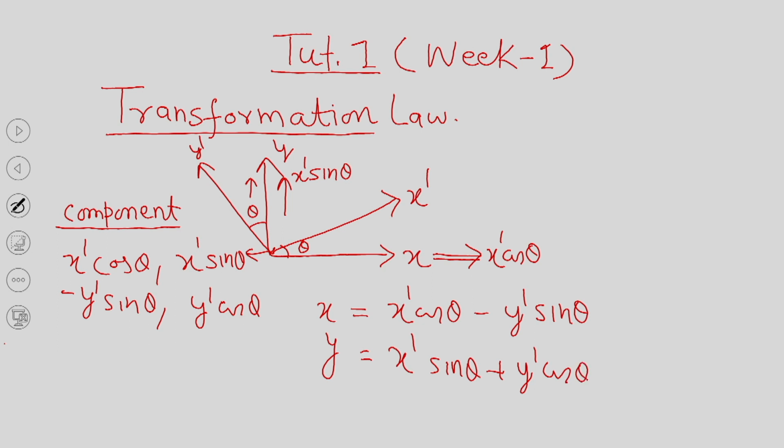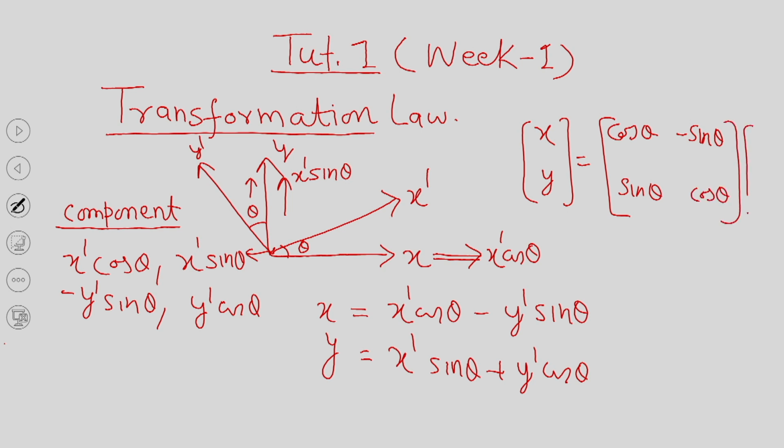Now, can we arrange this in terms of a matrix? Let us see: x, y equals the matrix with cos theta, minus sin theta, sin theta, cos theta, times x dash and y dash.